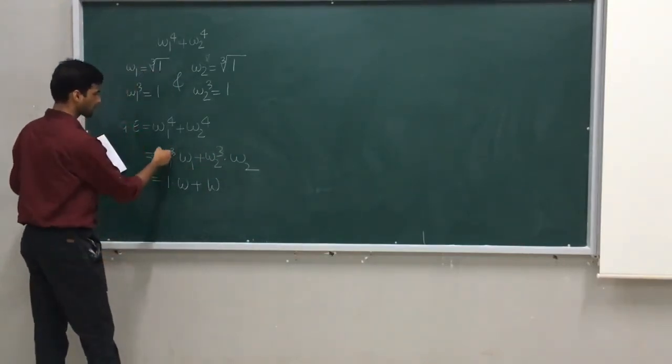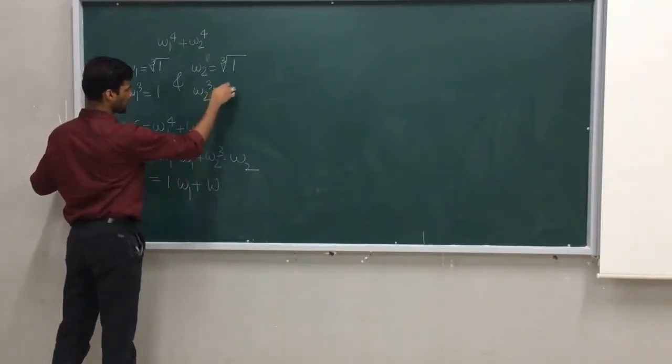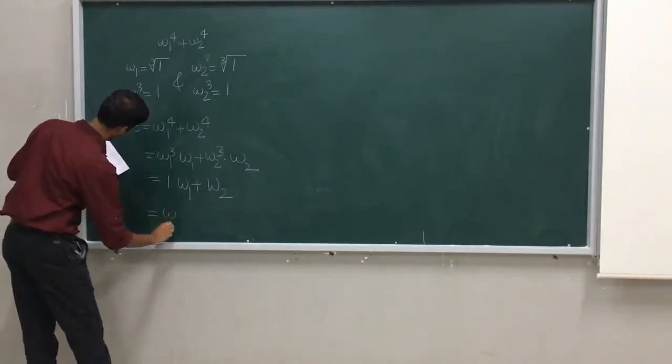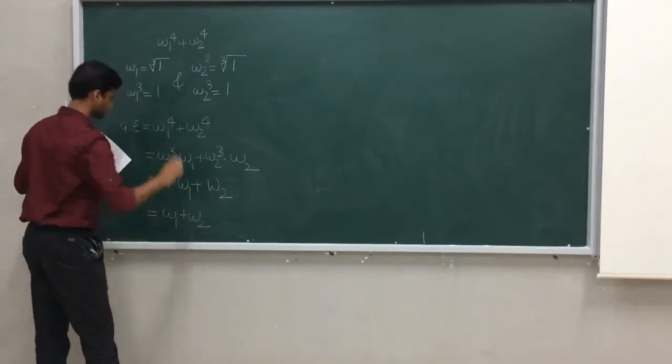Therefore omega 1 cube is 1 into omega 1, omega 2 cube is also 1 into omega 2. So I got omega 1 plus omega 2.